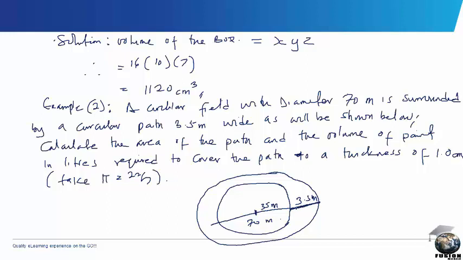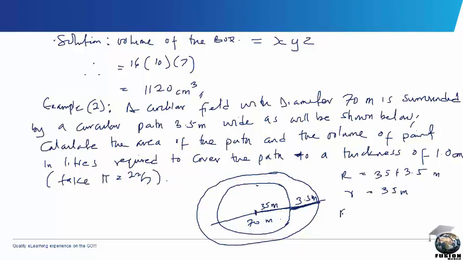One thing you have to bear in mind is, in order to find the area of this part, we have to subtract the area of the small circle from the area of the big circle. For the bigger circle, the radius R becomes 35 plus 3.5, and for the smaller circle, the radius r becomes 35 meters.